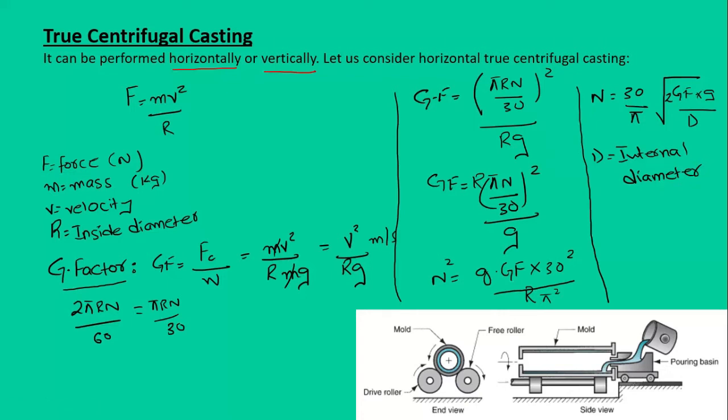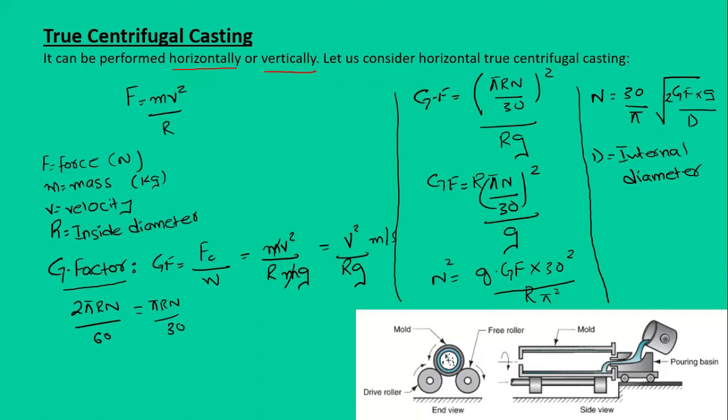Now a few things. If you have a very low G factor, what will happen? It will not generate enough centrifugal force. So once the molten metal rotates and reaches the top, it will start to rain down.